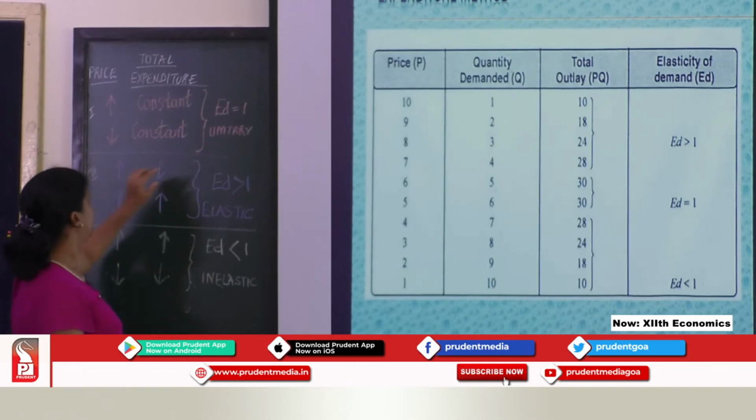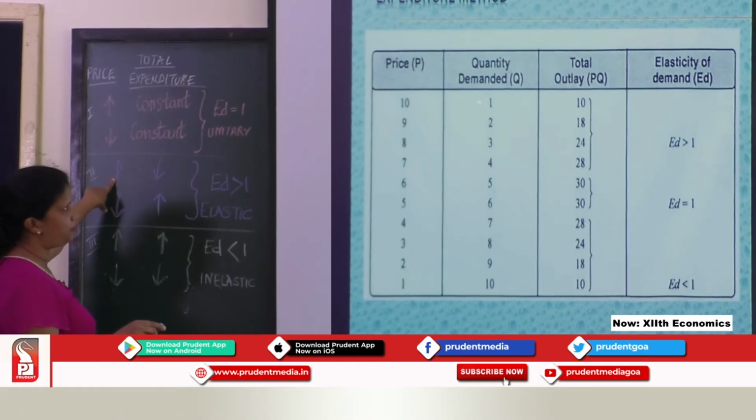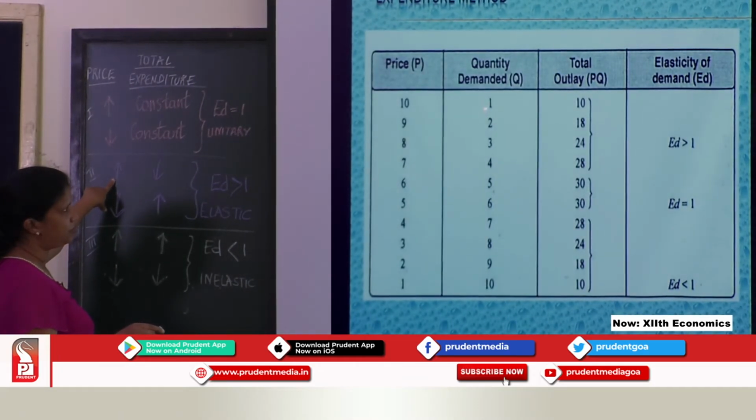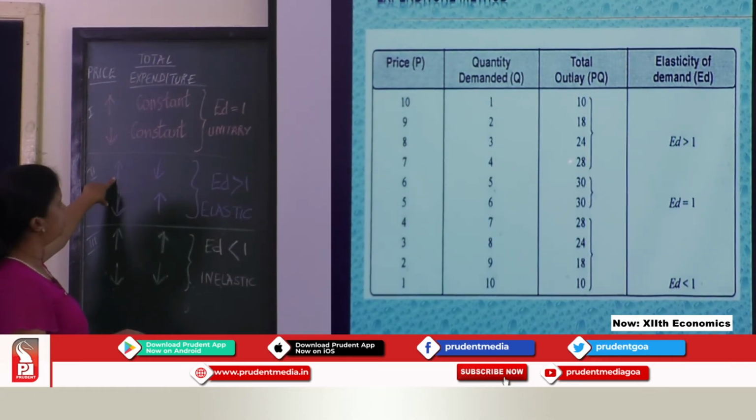Is that clear? The second situation, price increases. Let us start from 7. Price becomes 7, 8, 9, 10. Therefore, quantity demanded comes down. Quantity demanded is 4, 3, 2, 1. What do you observe about the total expenditure?